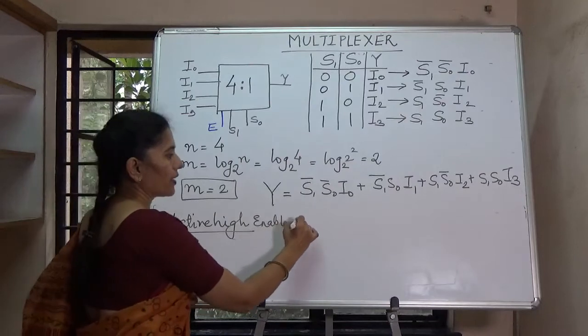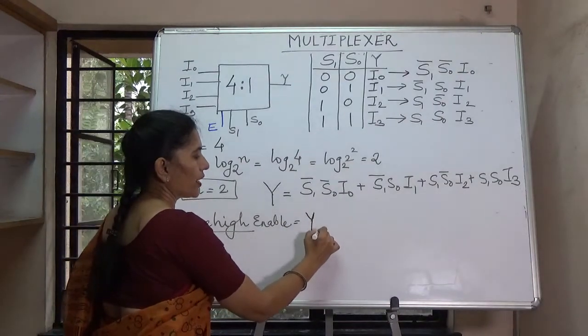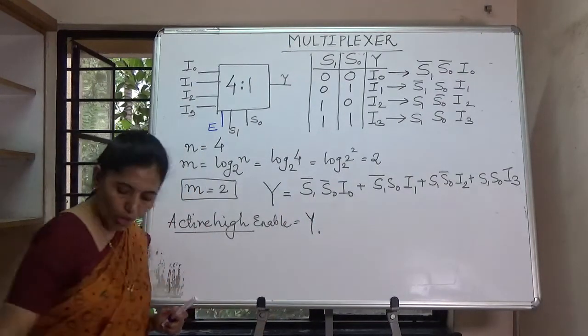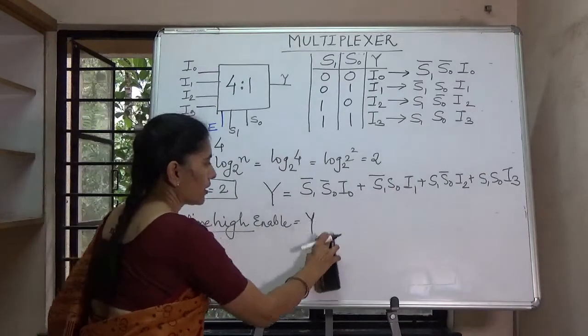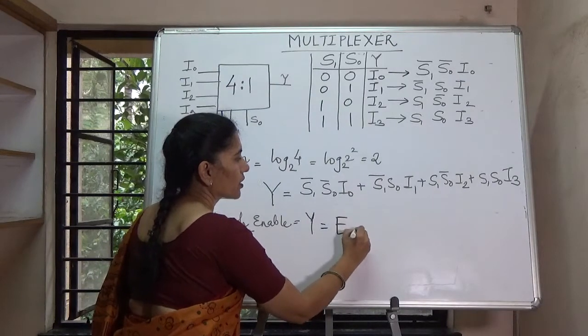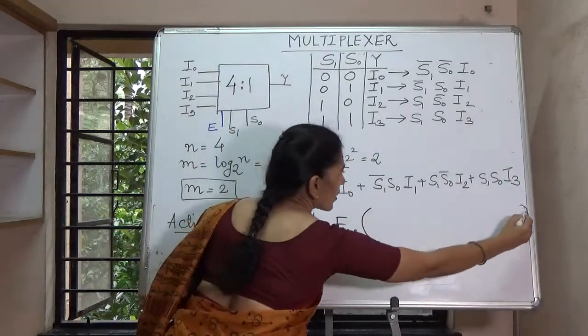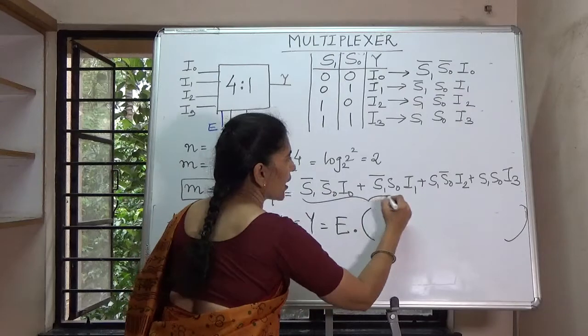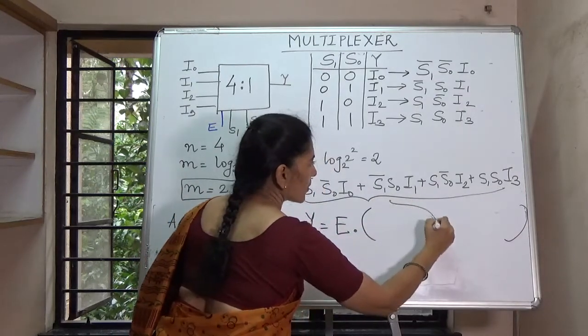So the Y expression will now be modified as E dot, this entire product will come in this bracket.